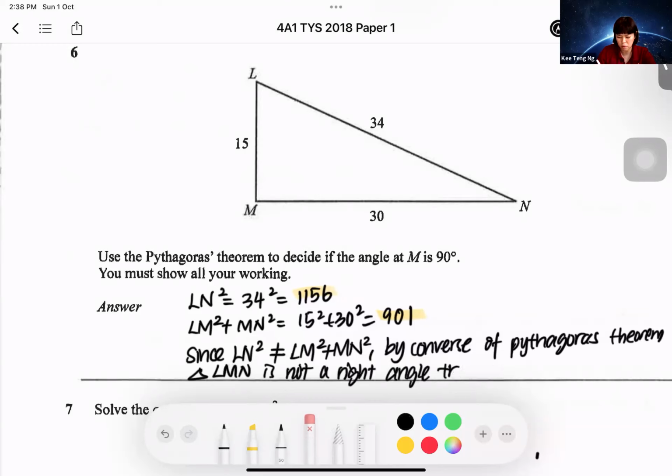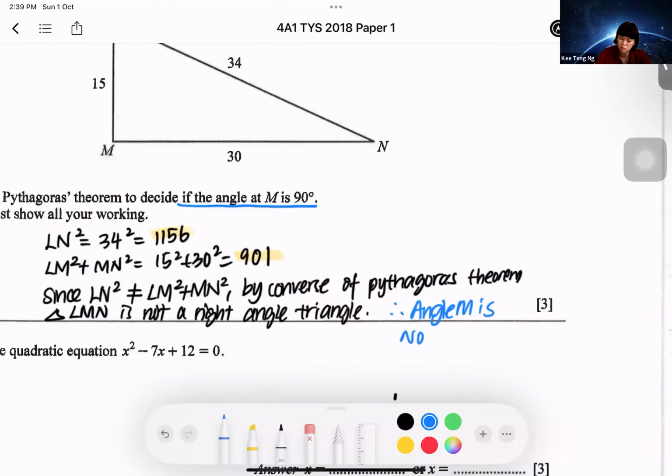Therefore, the answer to the question, is the angle at M 90 degrees? Angle M is not 90 degrees.